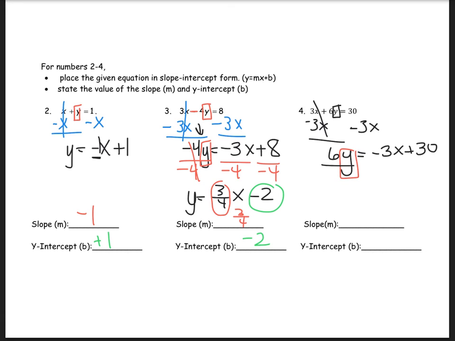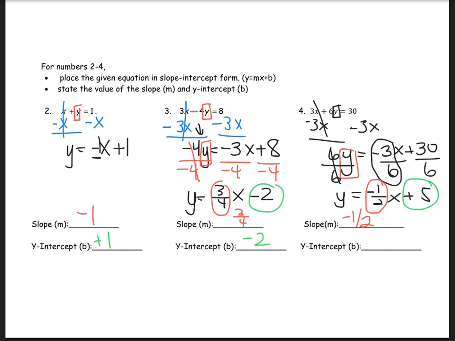So we have to divide out the 6 by everything. So y is equal to, this fraction will simplify to not negative 2, but negative 1 over 2, x plus 5. Which means we have our slope as negative 1/2. Our y-intercept is positive 5.